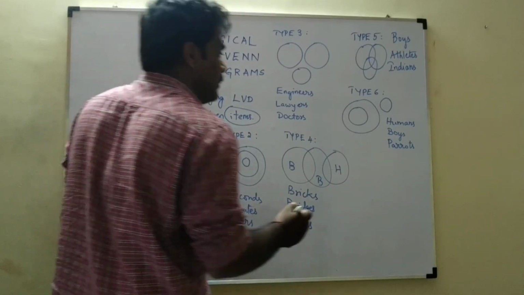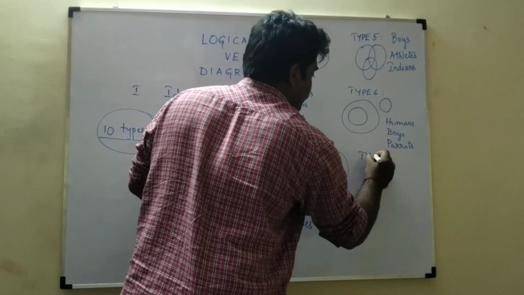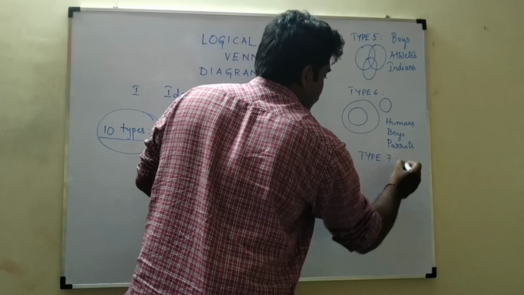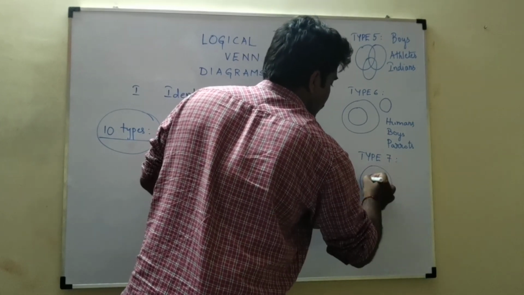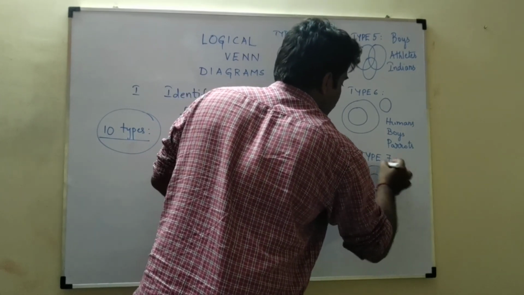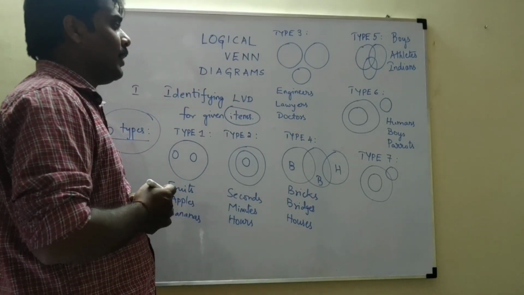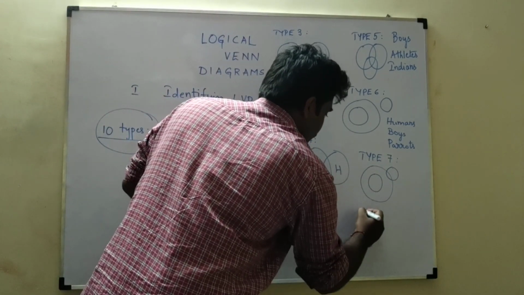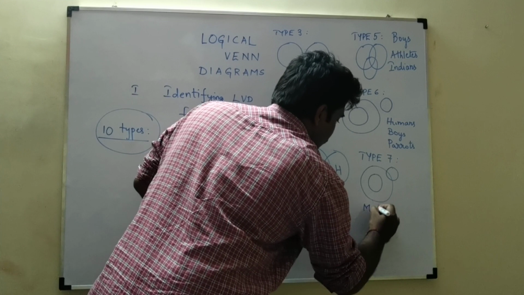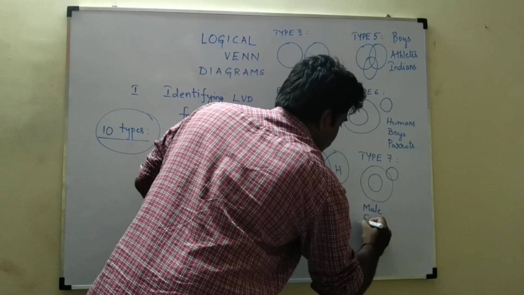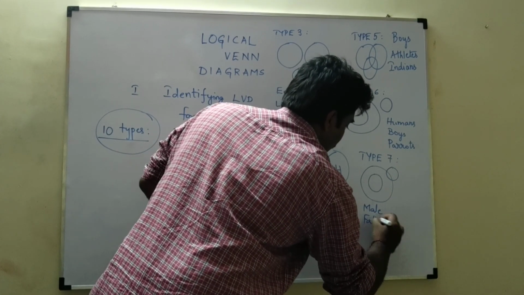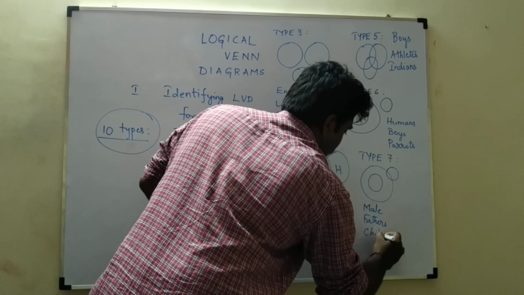Then type 7, where 2 items belong to one another and the third one is partially connected to only one item. So an example for this: male, fathers, children.